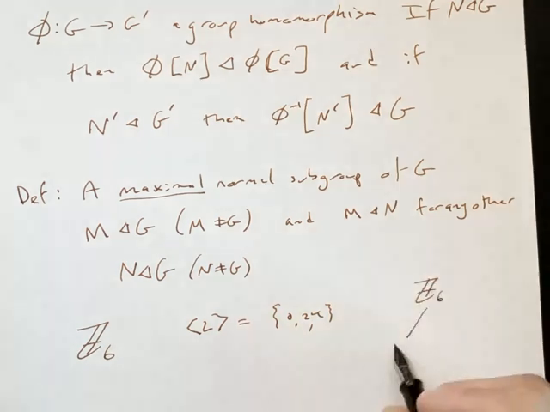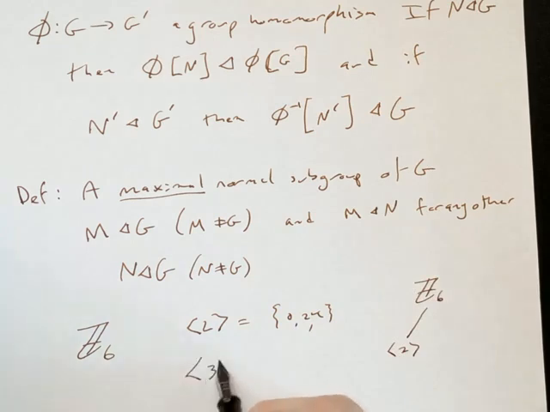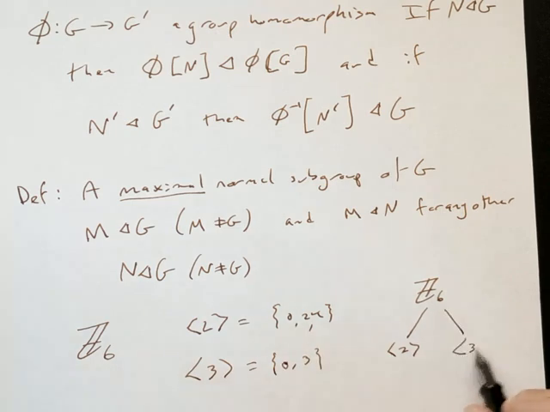But wait, there's more. The subgroup generated by 3 is 0, 3. That's also maximal normal. Because there's no other normal subgroup above it in my subgroup diagram. As a matter of fact, the only other group left in the subgroup diagram is the trivial one.